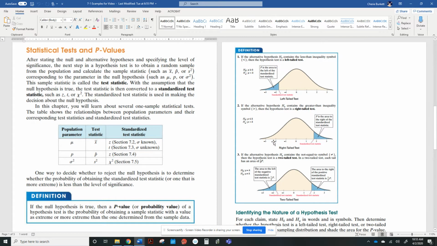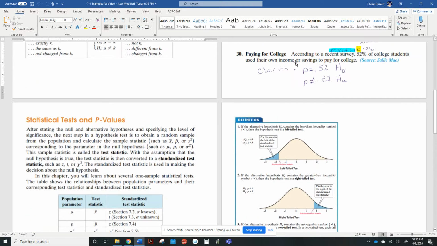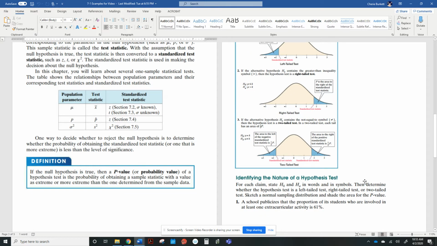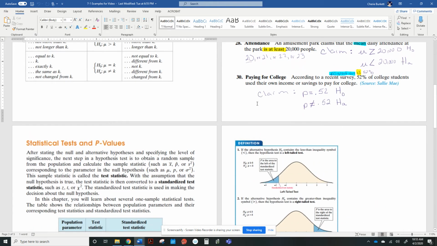We're going to find a z value based on the information that we have right here. And whether or not that z value is in the shaded section will determine what we think about the claim. That will help us determine the outcome of our claim. Do we believe the claim or not? Okay, that's a simplistic way of putting it, but that's basically what's happening.